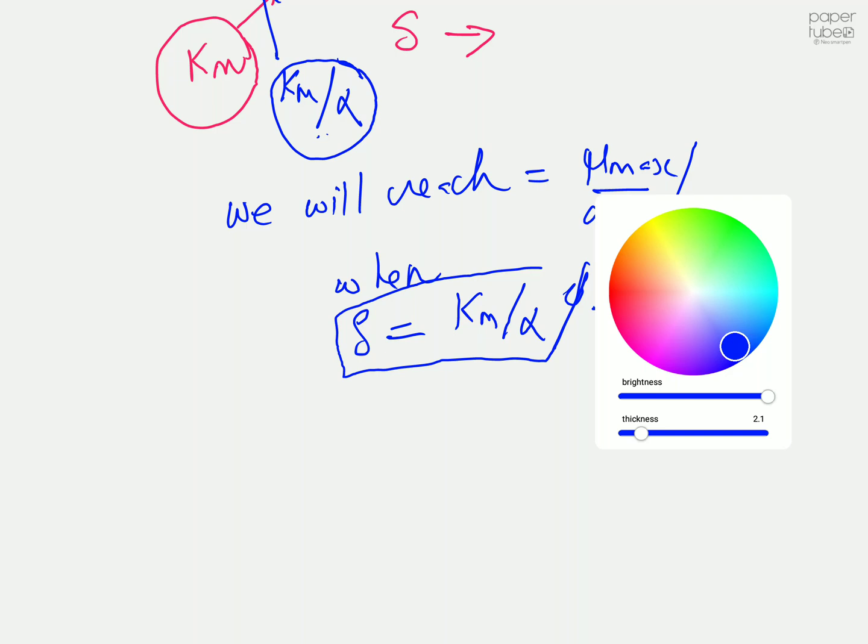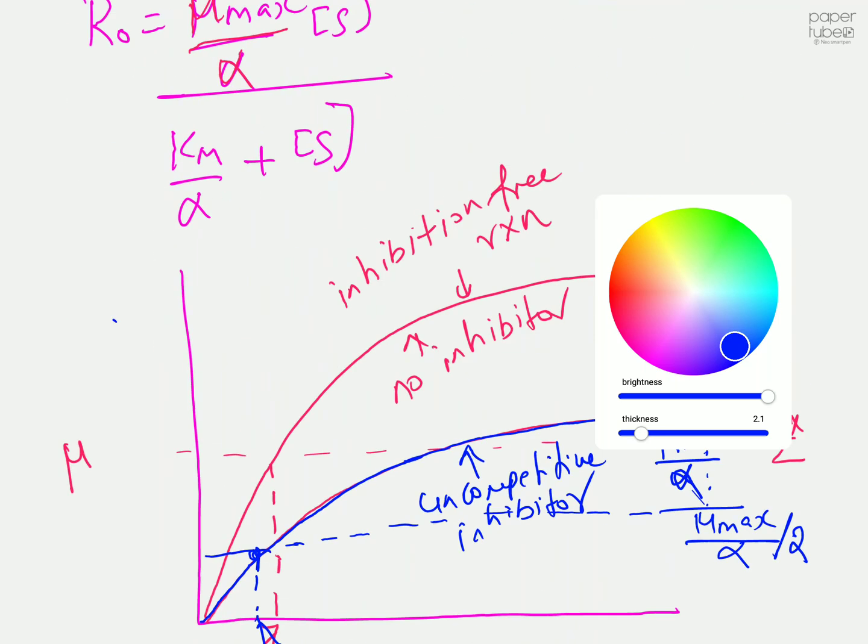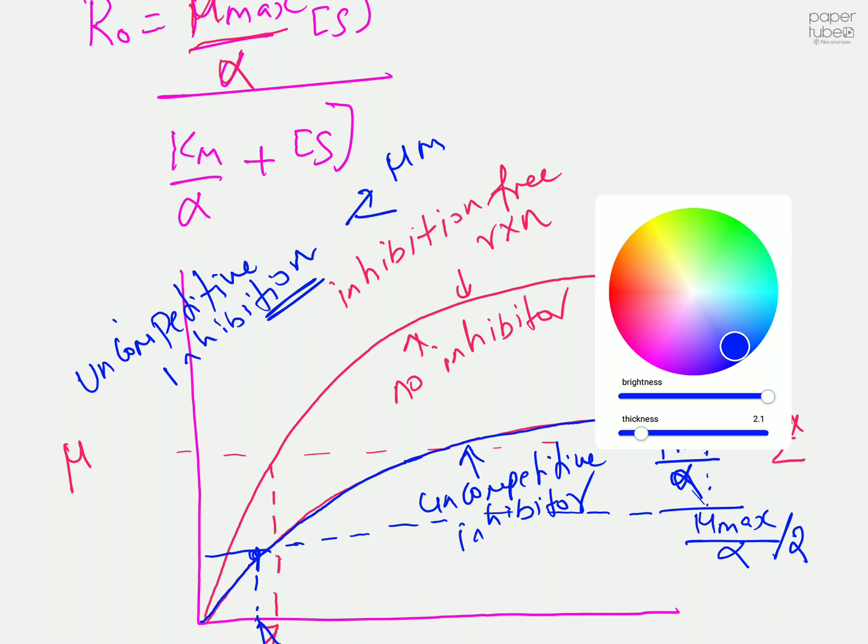So you have to remember these graphs. This graph will give you some idea about uncompetitive inhibition. For uncompetitive inhibition, your mu max will change and your Km will change, so both will change.